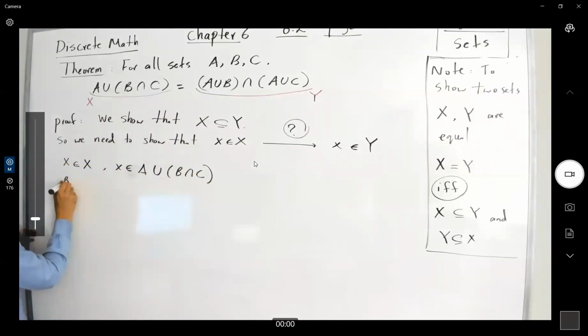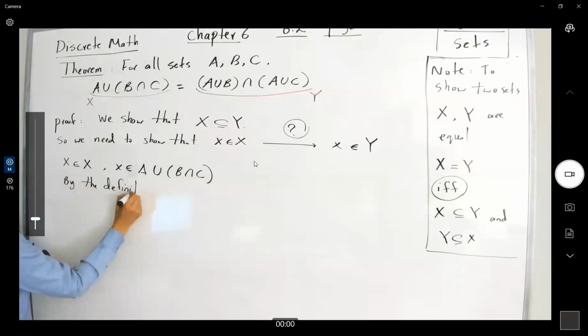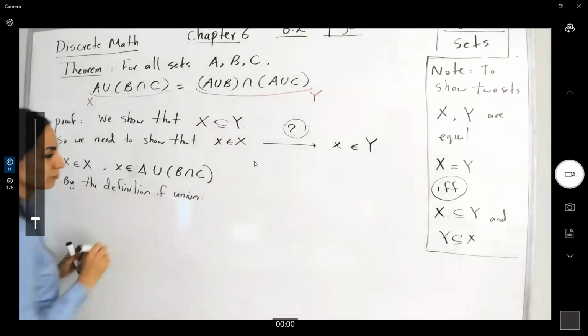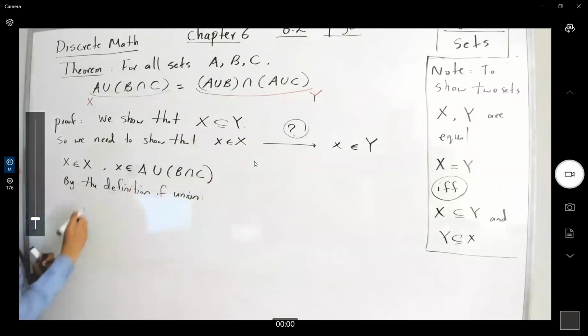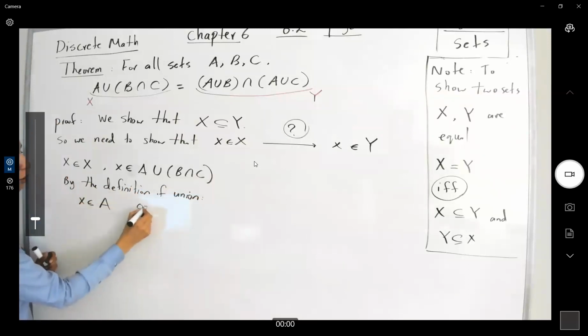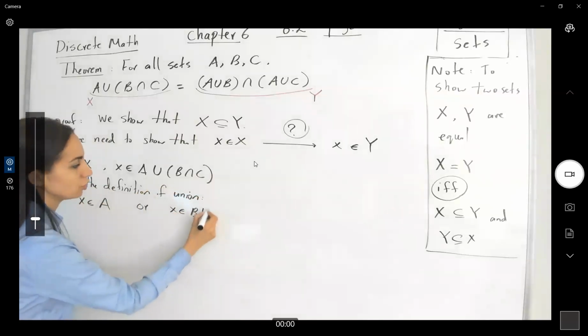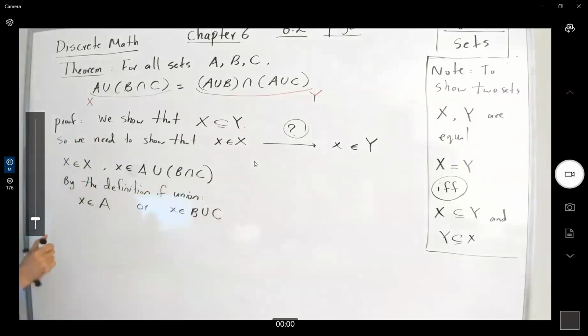By the definition of union, what do we have? We have x belongs to A or x belongs to B intersection C. So this is the definition of union.